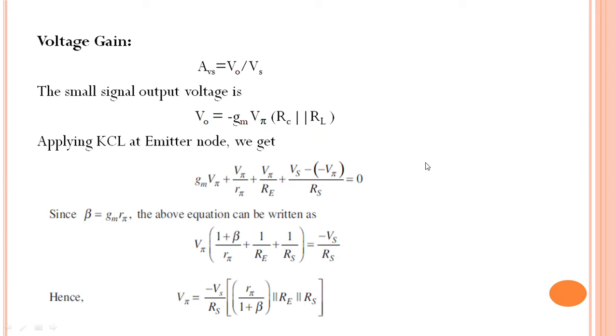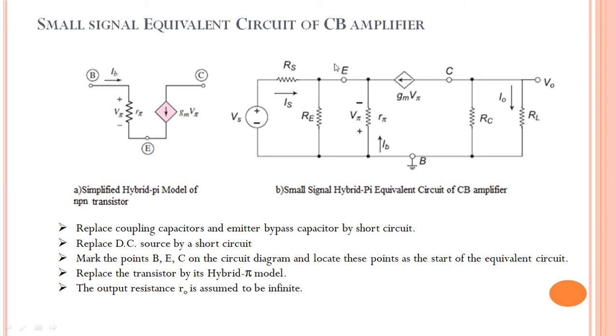The next step is to apply Kirchhoff's current law at the emitter node. The currents entering the emitter node are the current IS plus Gm into V pi, plus the IB current. The other current is the current flowing through RE, which is given by V pi divided by RE.